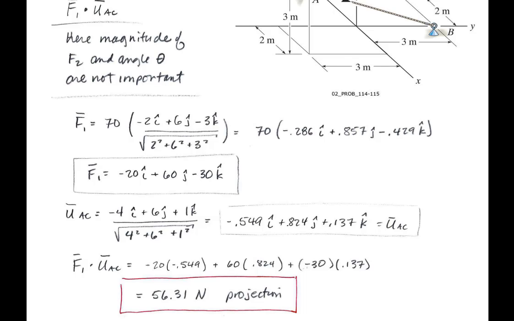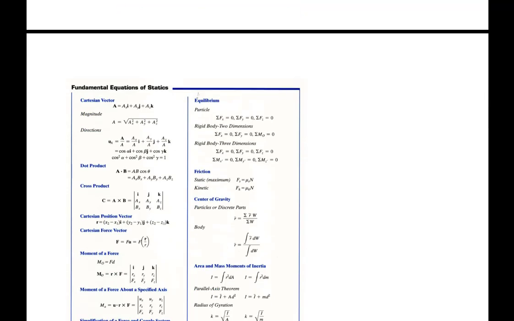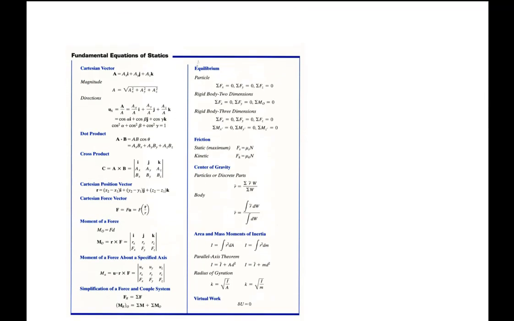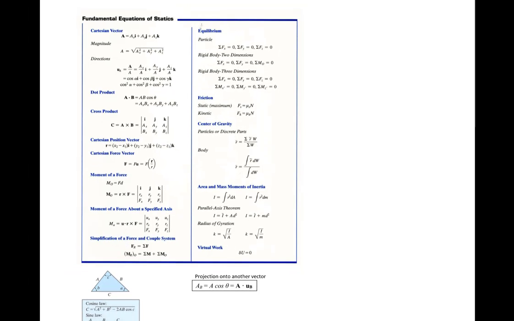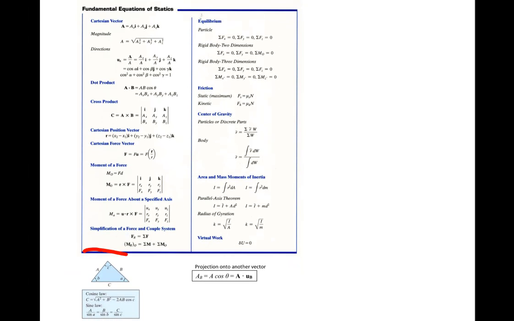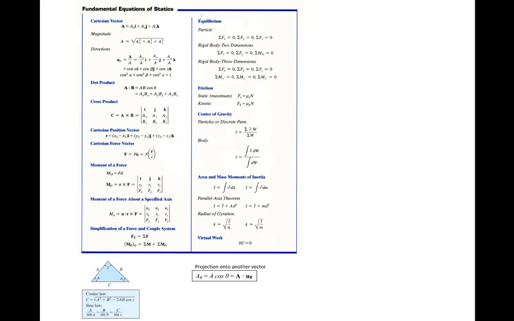Alright, the last thing I want to visit with you about is preparation for exams and your studying. There are some formulas in the back of the book, and I've added a couple of things to this formula sheet. You should be familiar with these formulas, the fundamental equations of statics, and we'll be using some of them as we go through the course.